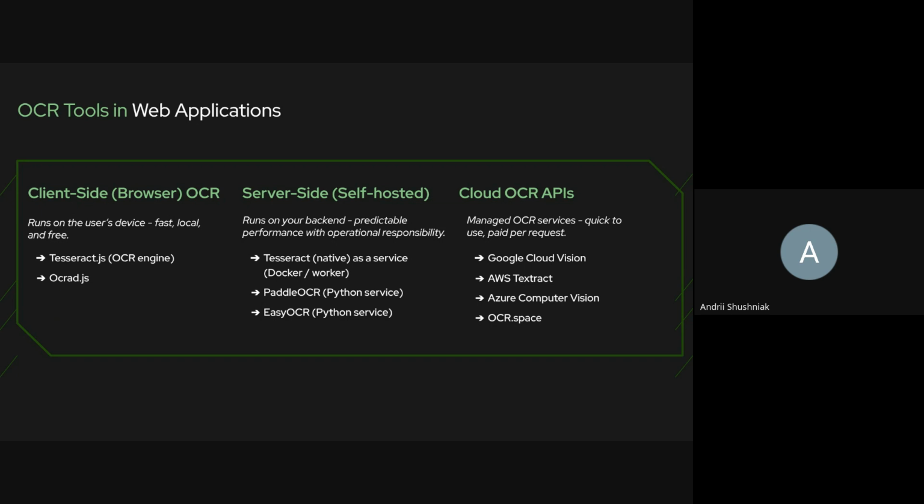So the price is pay per scan, and I think the first 1,000 scans per month are free, and after that you will start paying for each scan individually. And about the price, I think it's around $1.50 for 1,000 scans.